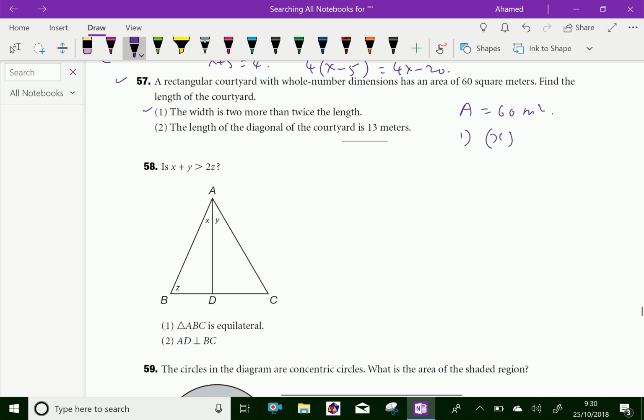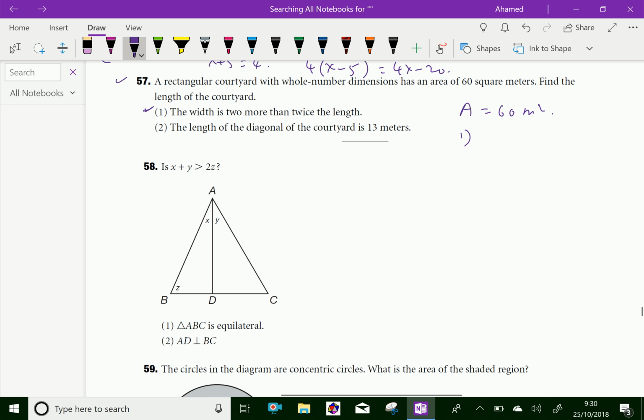Therefore suppose width is x, then length also I can find, because by using the first condition that width is 2 more than twice the length, we can solve for finding the length. So statement 1 is enough.